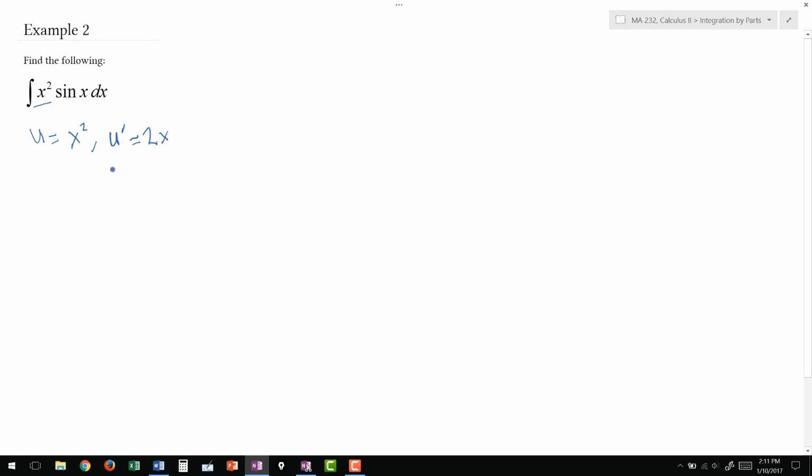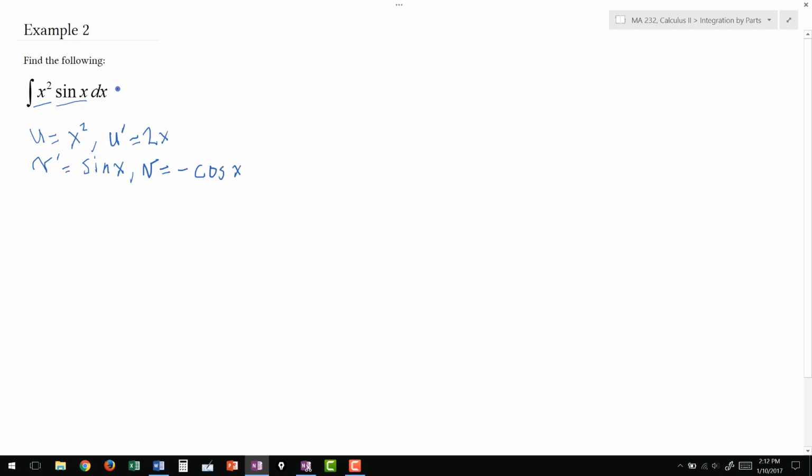So if u is equal to x squared, my choice for v prime will be sine x. So v prime is sine x, which means I need to know the integral of sine x, or antiderivative for sine x, and that will be minus cosine x.